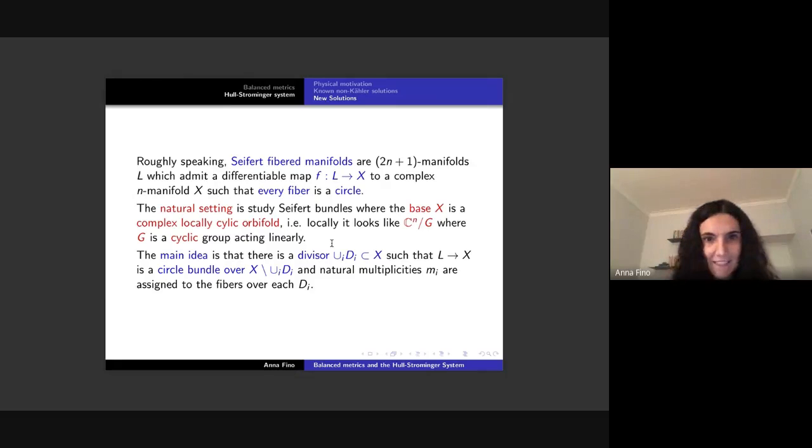Anyway, what is the idea here? That there is a union of Weil divisors, Di, on X, such that if you remove this union of divisors from X, in fact, what you get is a circle bundle. I am not so precise here because, for a general point, the fiber has no problem, the multiplicity is 1. Why do I call it multiplicity?